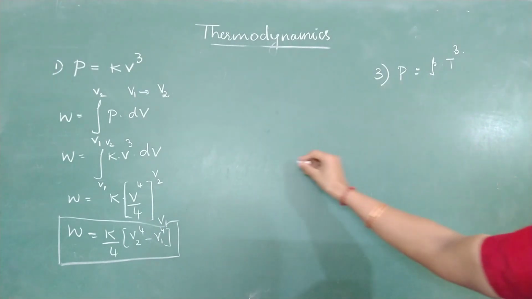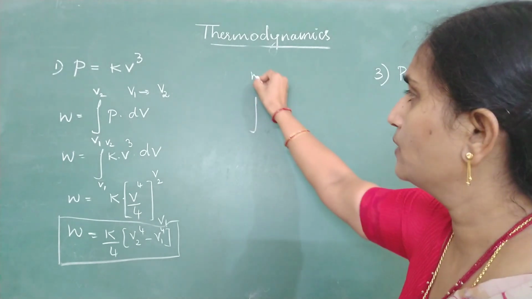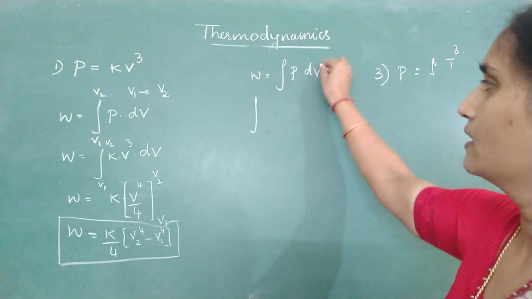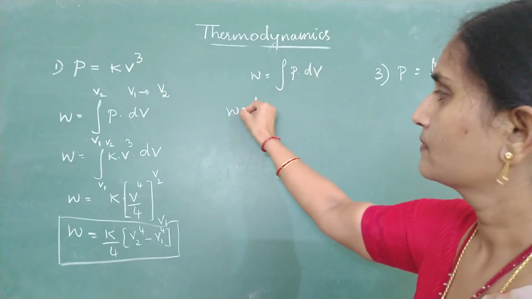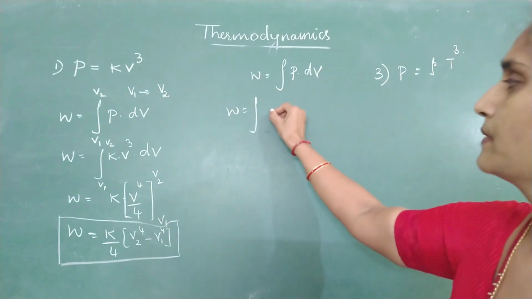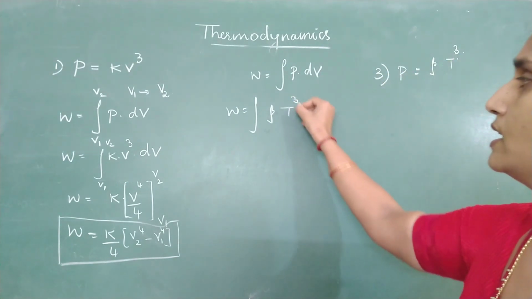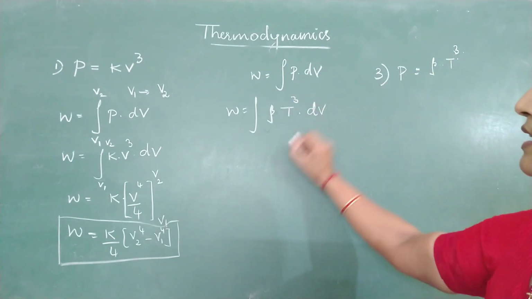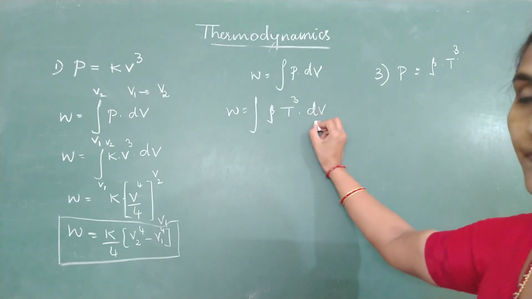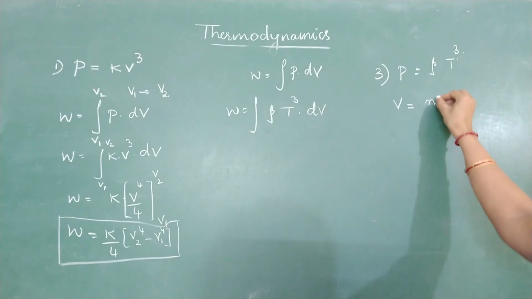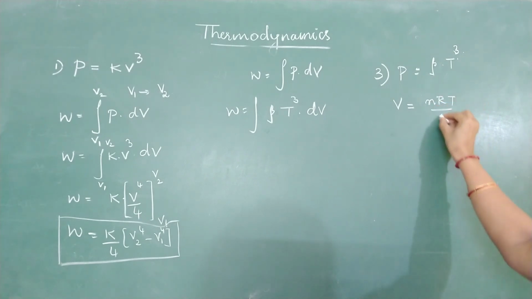Now, we know P is equal to beta T cube. How do we evaluate work done? Integral of P into dV. Replace P, because we already know what is P: beta T cube into dV.